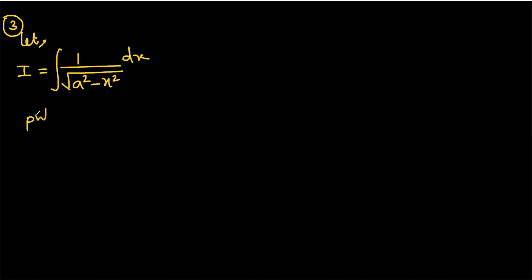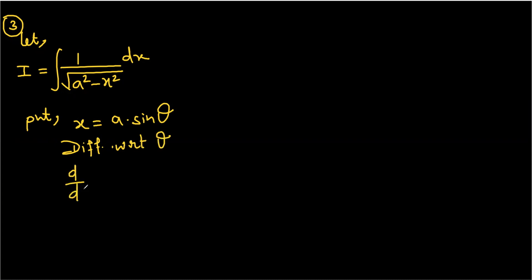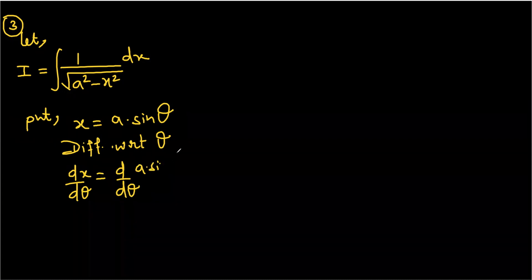Then I put x equals a sine theta. I have already explained why this substitution. Differentiating with respect to theta, I get d by d theta of x equals d by d theta of a sine theta.